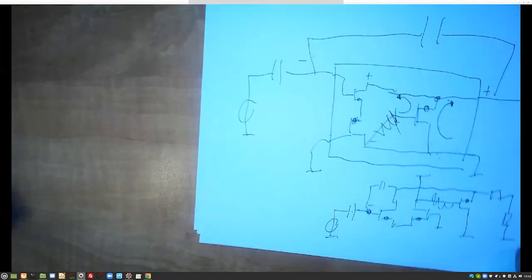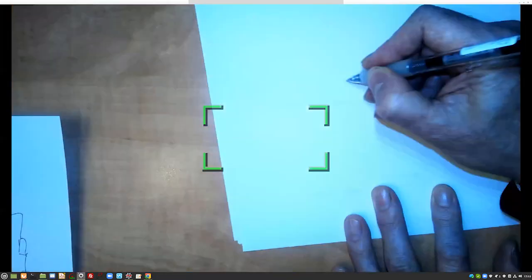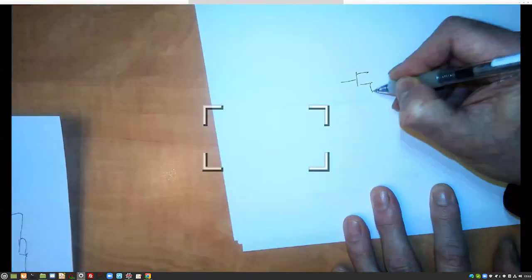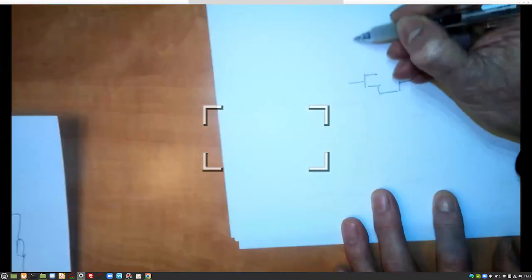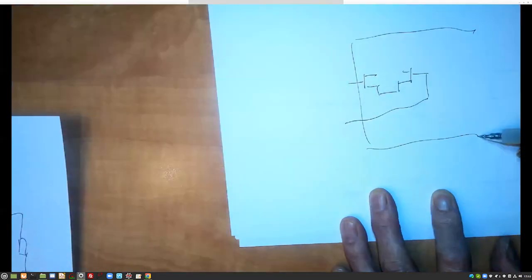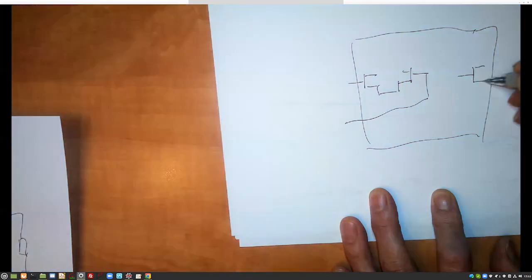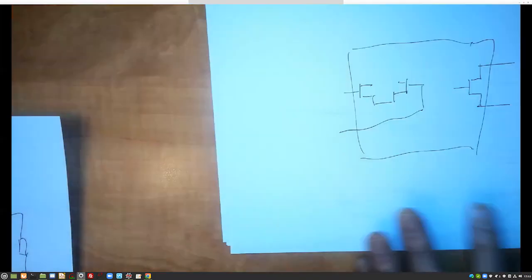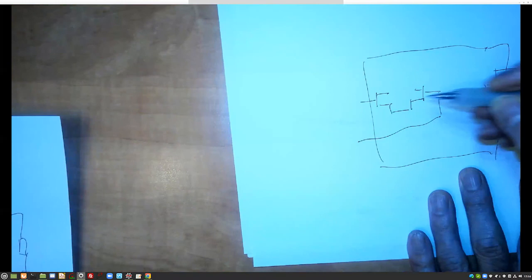The other option is, of course, having, well, let's put it in the other direction immediately, having my source connected to ground and my drain to the output. And then this is source, this is source, this is source.